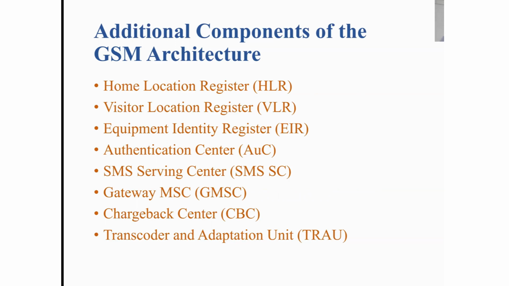So here, the requirement of the visitor location register means, when we are moving from one tower to another tower, like one base station to another base station, we need to identify the current location of a particular user. We already studied in the introduction section how the data are stored and how it will identify the user.